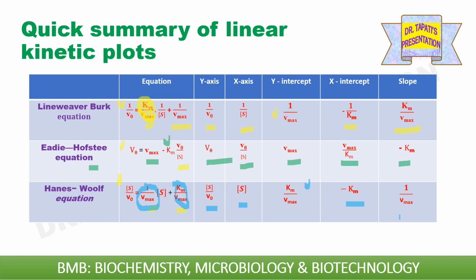So you don't have to remember all these things. You have to remember mainly these three equations. From these three equations you will get other values like x-axis, y-axis, y-intercept, x-intercept, and slope.